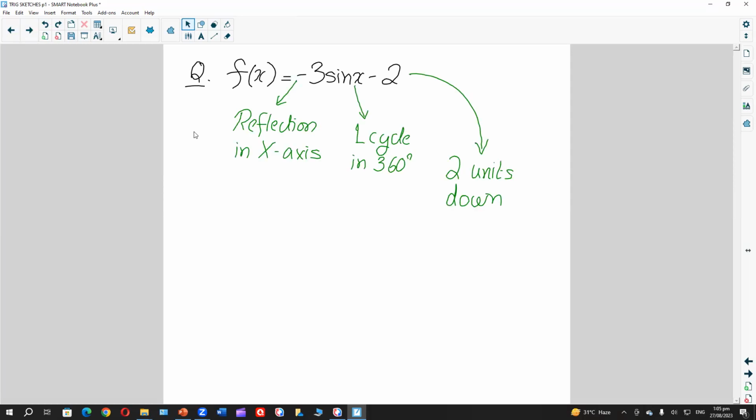So quickly try this sketch. I'm done with the process.